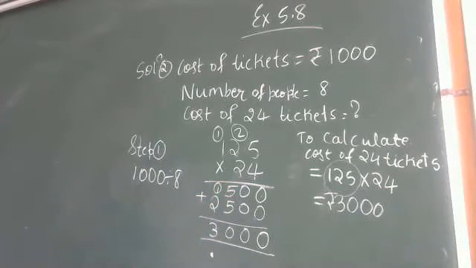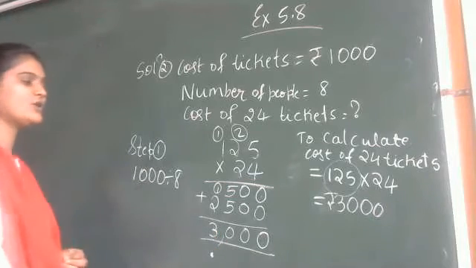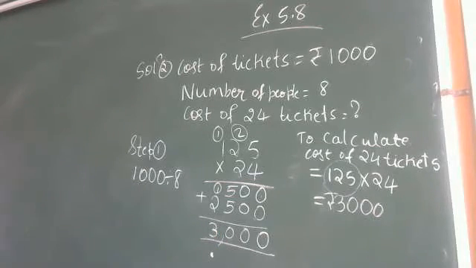See, in the multiplication part, many of the students have told me wrong. Some have said 500, 300. So it is 3000. We have done the working over here. I hope the concept of the unitary method is clear.